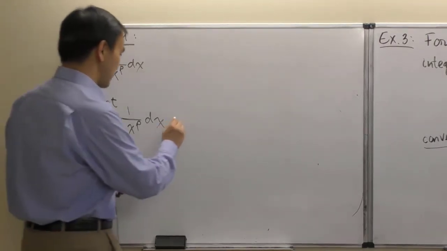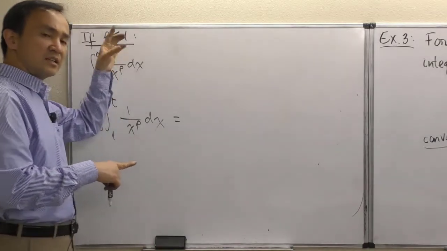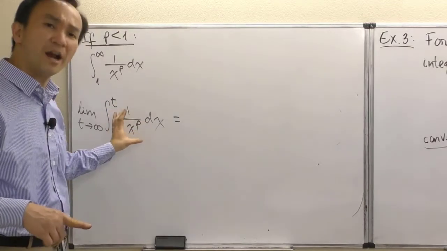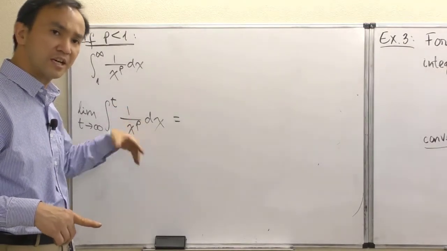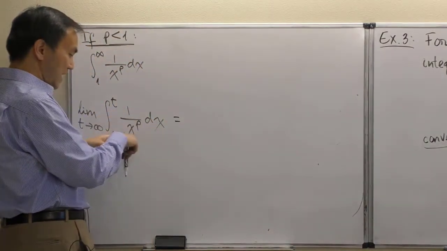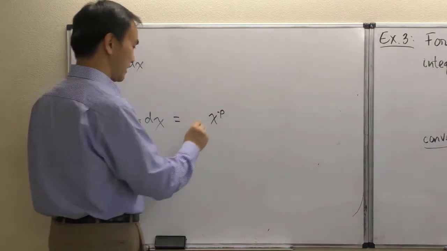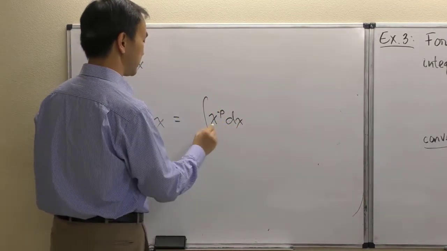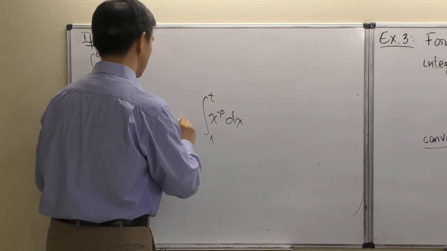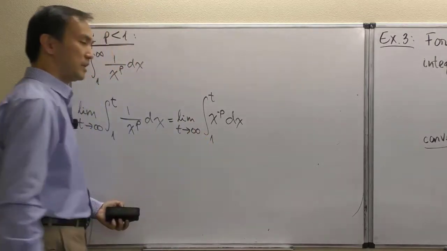It's not 1, so we can still treat the problem using the power rule. We can rewrite 1 over x to the p as x to the minus p, find the integral from 1 to t, and then take the limit as t approaches positive infinity.